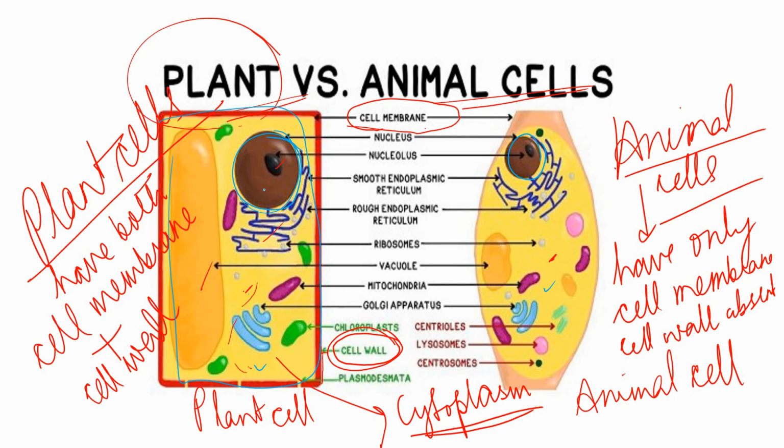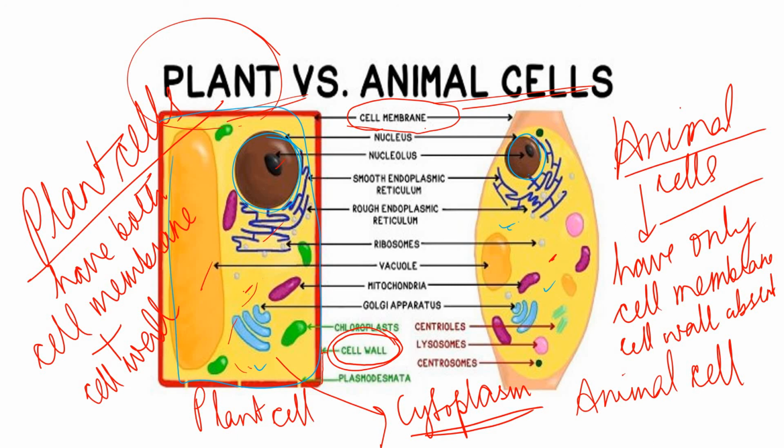Do you find this yellow fluid inside this nucleus? No, we are not finding this yellow fluid inside the nucleus, because the nucleus has nucleoplasm. Cytoplasm is outside the nucleus, so cytoplasm will not be present inside the nucleus. Inside the nucleus the fluid substance will be nucleoplasm, but inside the cell other than the nucleus this will be cytoplasm.